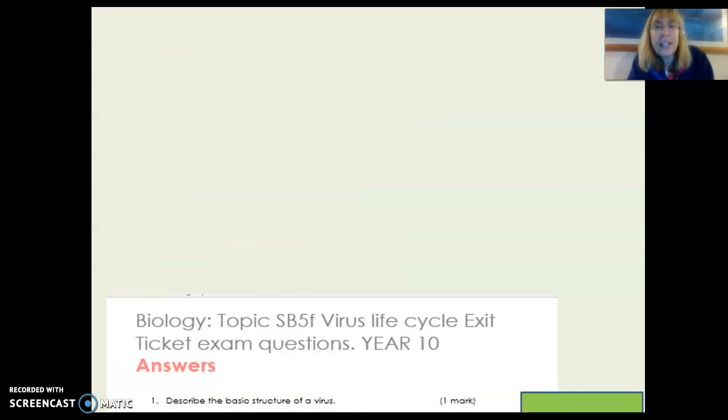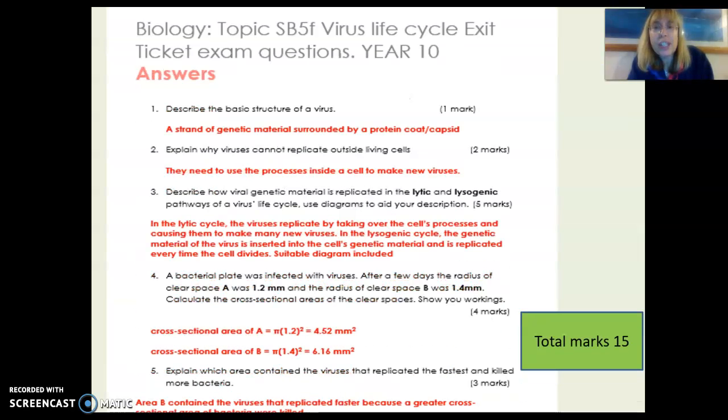Okay, so let's have a look. So the first question, describe the basic structure of a virus. You need to talk about it having a strand of genetic material and the fact that that strand is surrounded by a protein coat, also known as a capsid. 1 mark for that. And then for 2 marks, explain why viruses cannot replicate outside living cells.